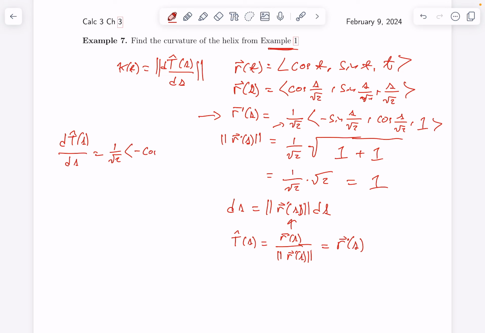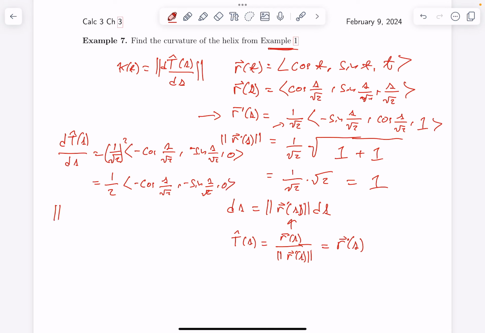I get minus cosine s over square root 2, comma, minus sine s over square root 2, 0, factoring out another factor of 1 over square root 2. And so that equals 1 over 2 times cosine s, minus sine s, 0.